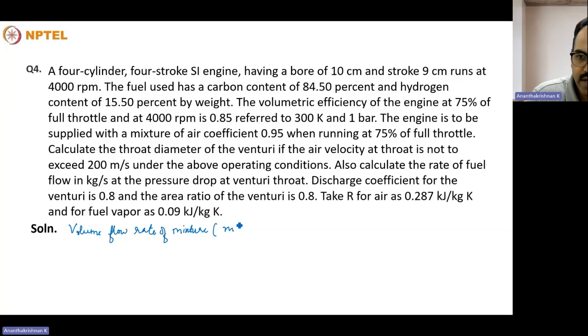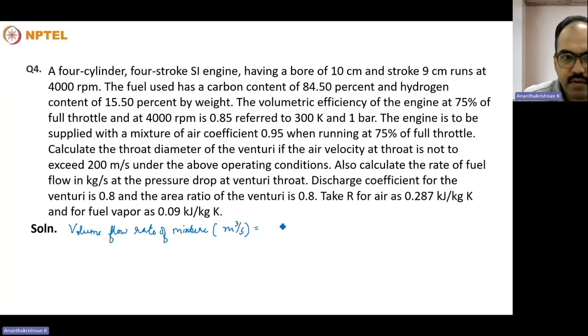So in terms of meter cube per second, it will be written as the volume divided by time multiplied by the volumetric efficiency. The actual volume that goes inside is equal to the real volume of the cylinder multiplied by the volumetric efficiency.